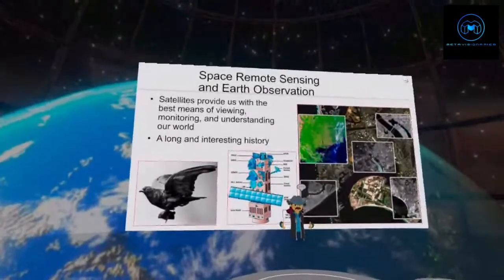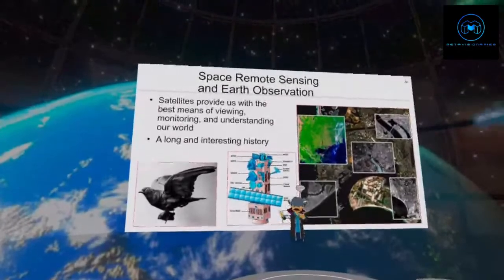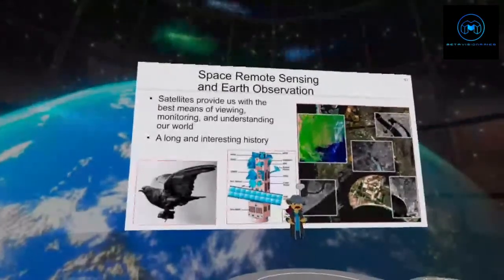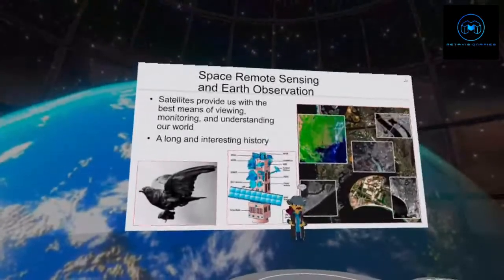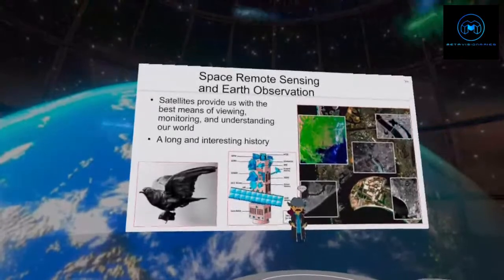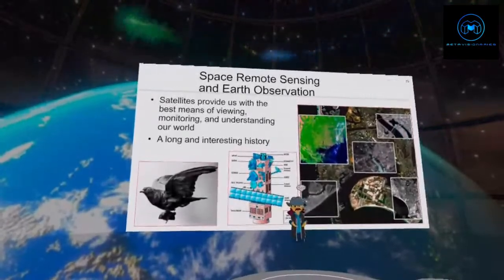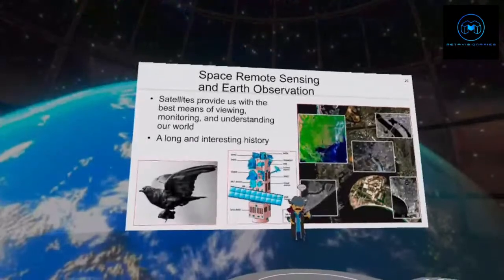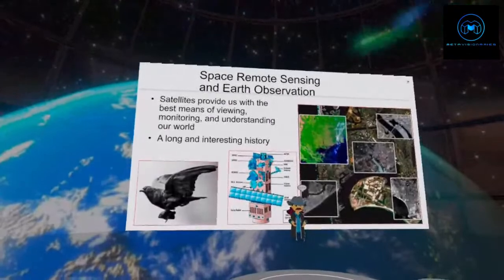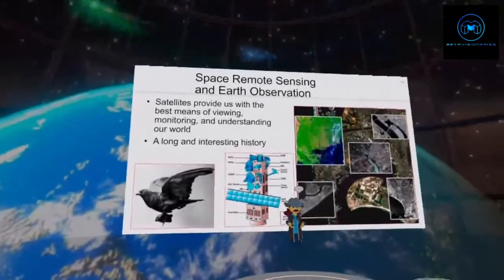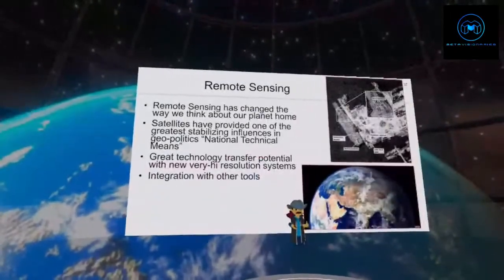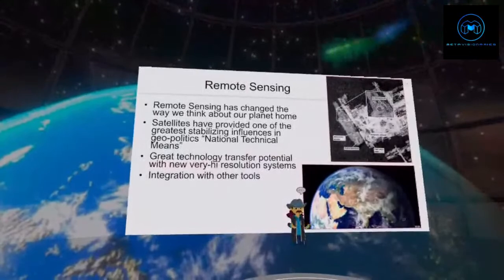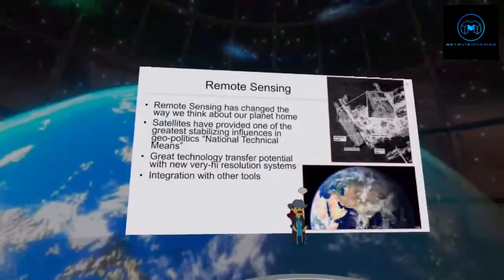And so we see now today a huge number of satellites revolving around our planet, providing us with global daily weather, with disaster response, like the terrible issue going on right now in Turkey and Syria. Hundreds of people are using satellite technologies to try to respond to that disaster activity that's going on. Remote sensing has fundamentally changed the way we think about planet Earth.